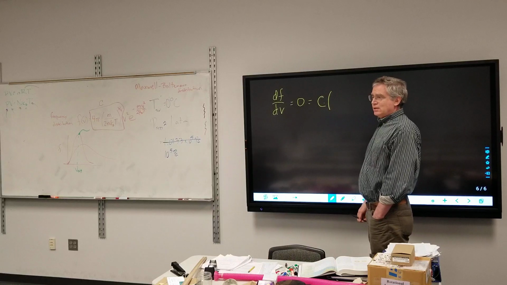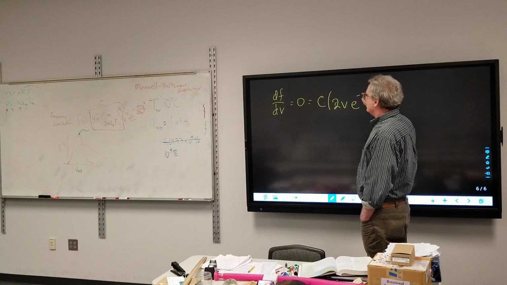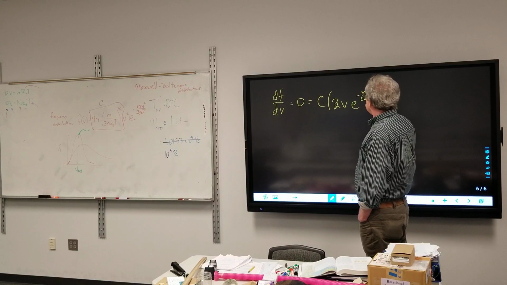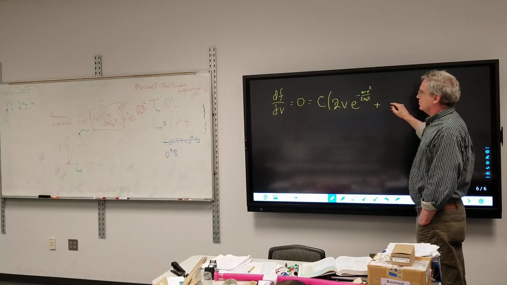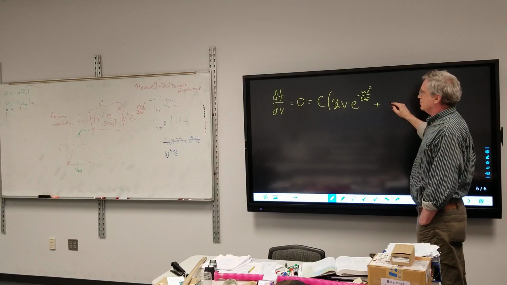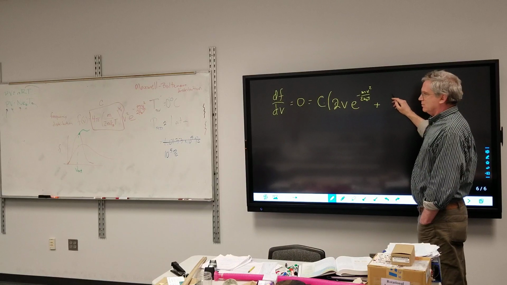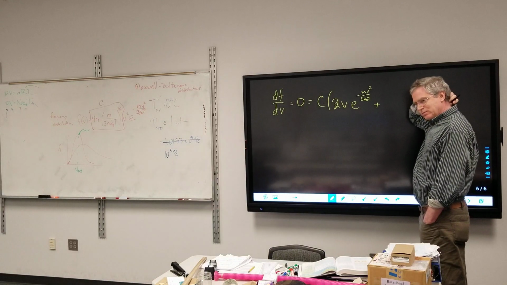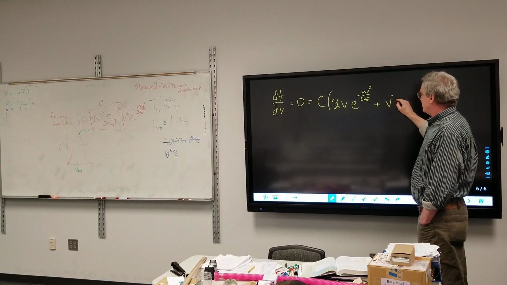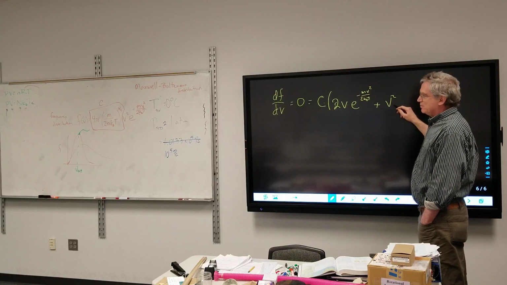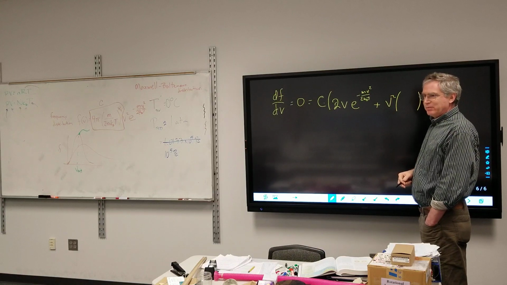product rule. 2v e to the negative mv squared over 2k_BT, plus v squared times what's going to be popped down in front from doing the derivative?